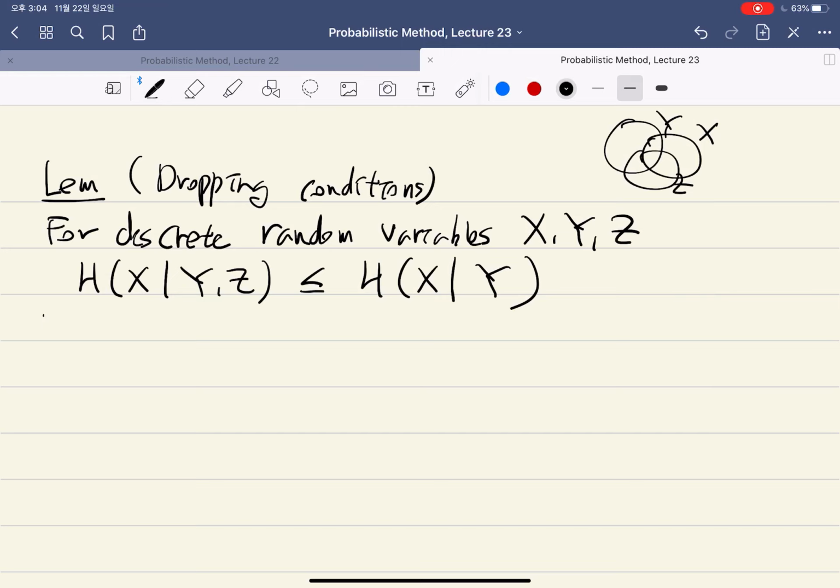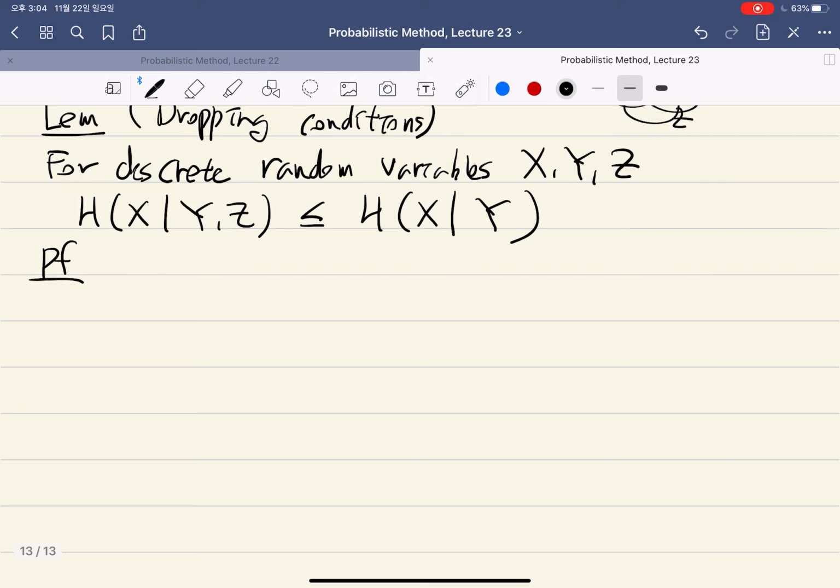So these lemmas are all a kind of proof that our definition is the correct one, because the correct parameter which measures the number of bits of information must also satisfy these kinds of lemmas.